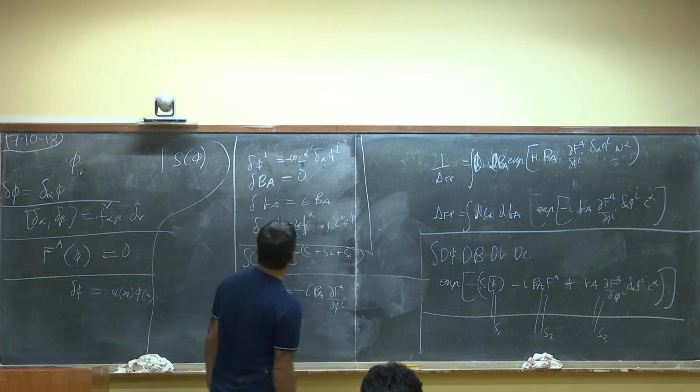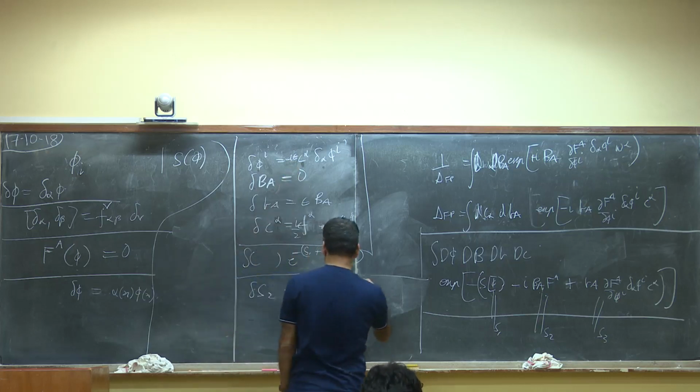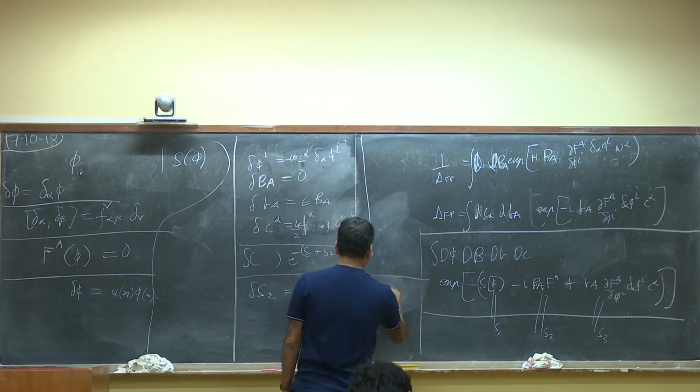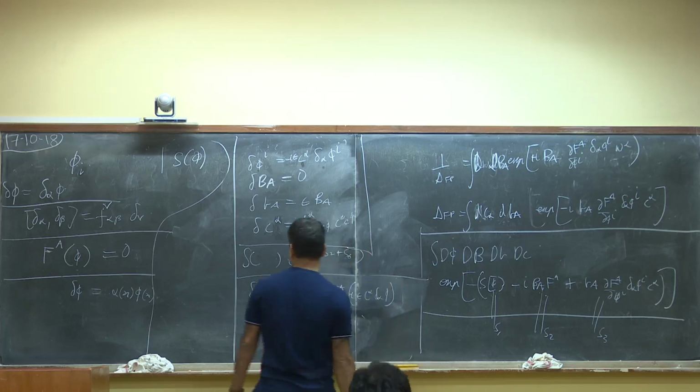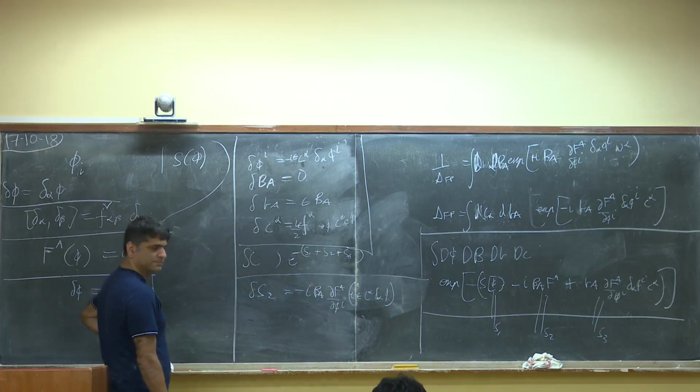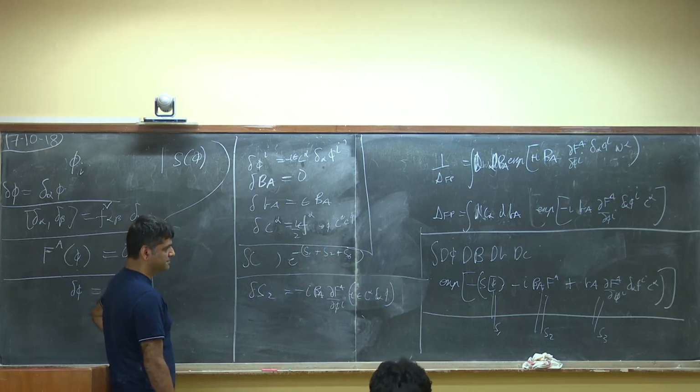And F changes because phi changes. How does phi change? It changes by this: minus i epsilon C alpha delta alpha phi. Is this clear?